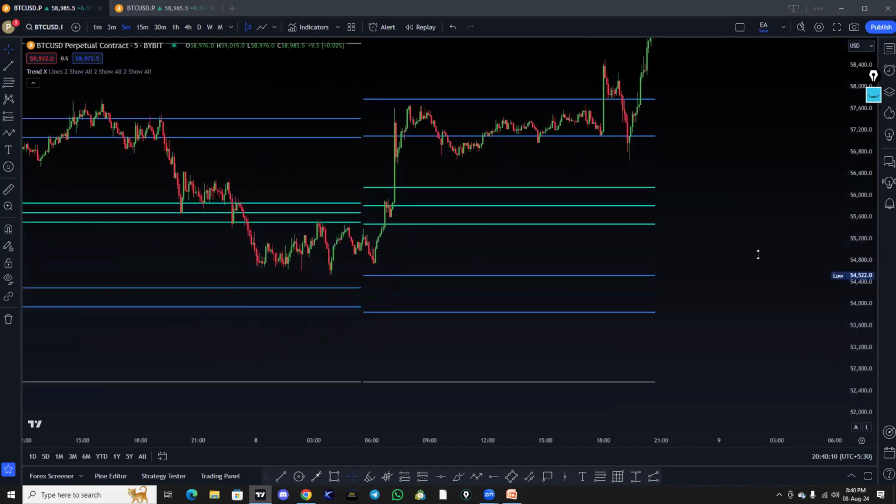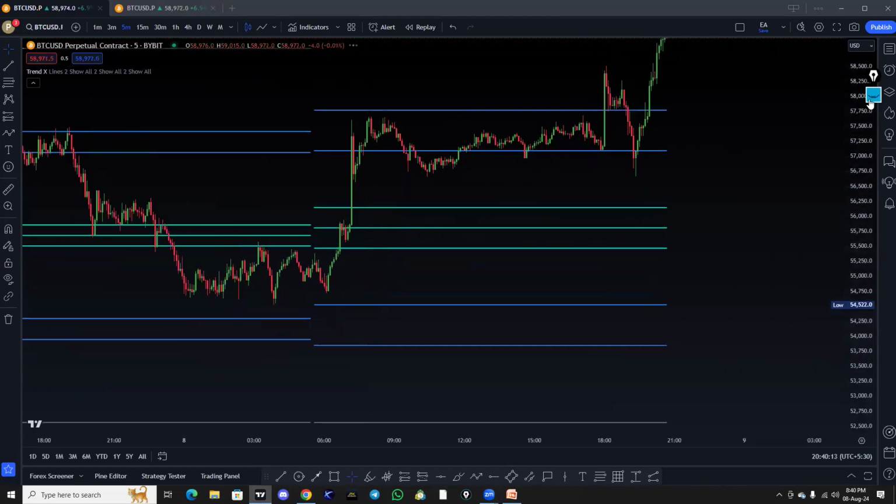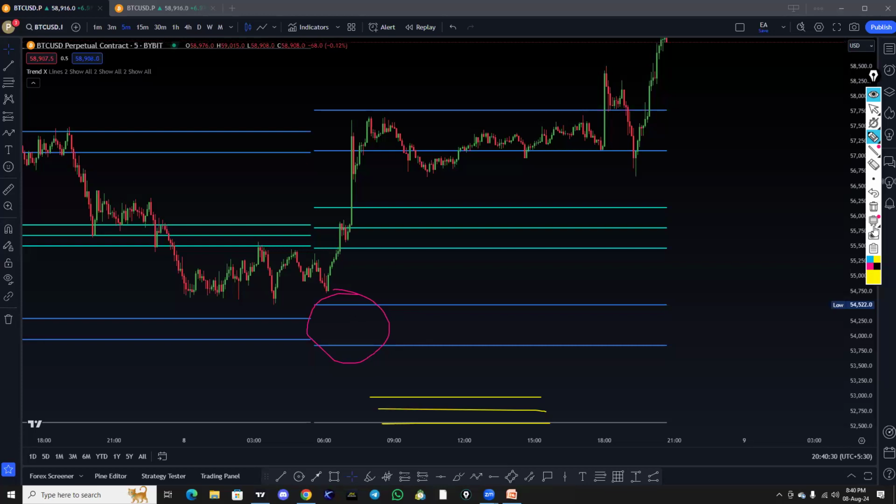When candles are above weekly, our trade will be from these places, right? I told you. So when I say a bullish candle, understand it is when candles are above weekly.